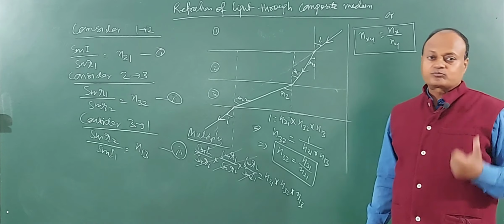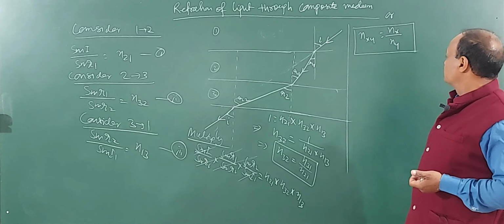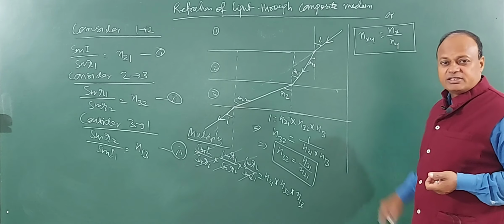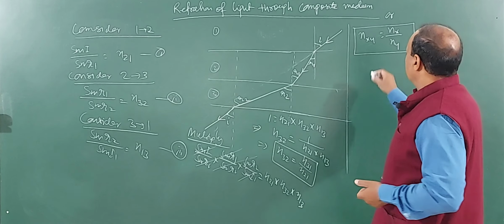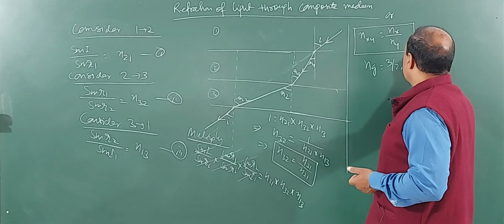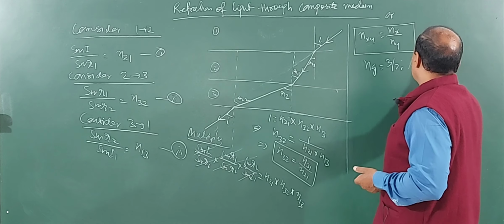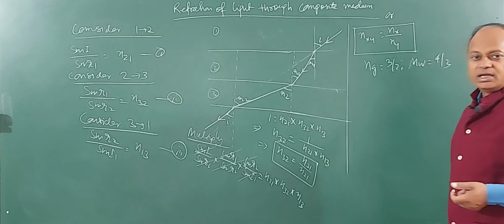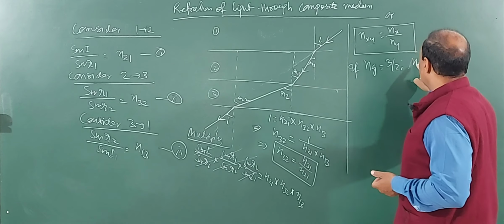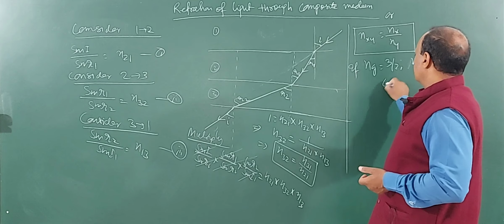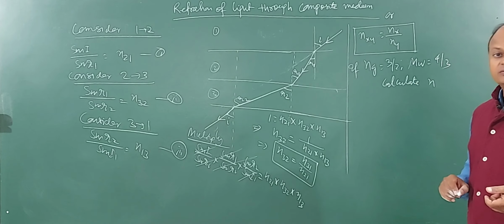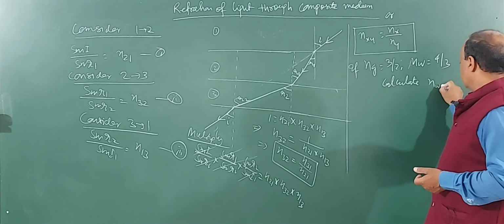Generally, these refractive indices are given to you for calculations, and medium 1 is taken as air. For example, if they say the refractive index of glass is 3 by 2 and the refractive index of water is 4 by 3, calculate the refractive index of water with respect to glass.